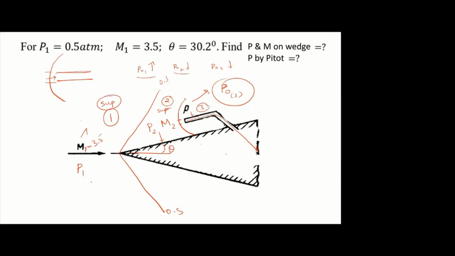So here it is supersonic, and behind this there will be subsonic flow. So we know M1, P1, and we have to find P2, M2 and P03. Is it clear? Any doubt?